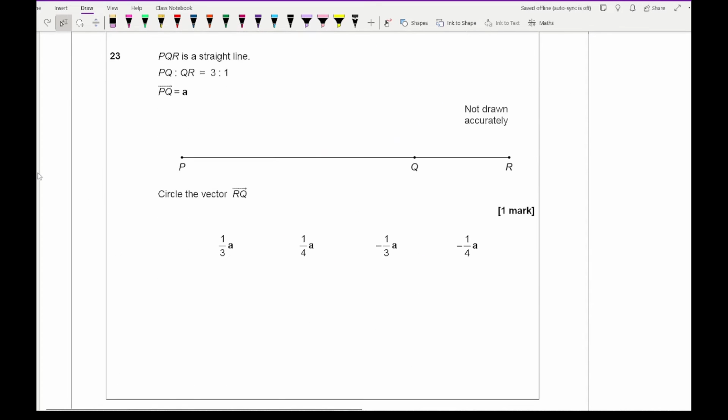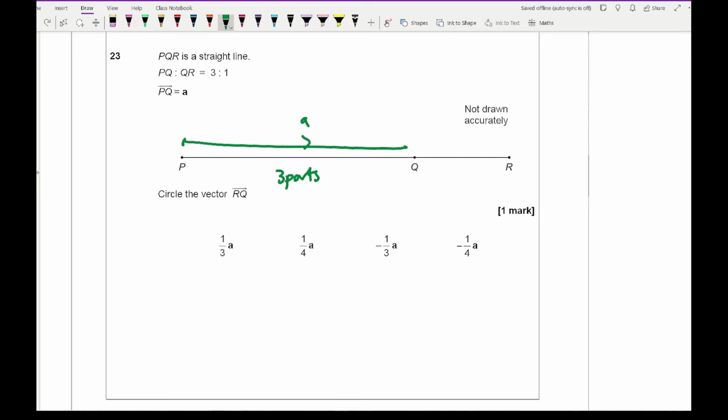Now for question 23, it says PQR is a straight line, P to Q to R is in the ratio 3 to 1, P to Q is a. Circle the vector of R to Q. So all of this, this length here, is a, and that represents 3 parts.